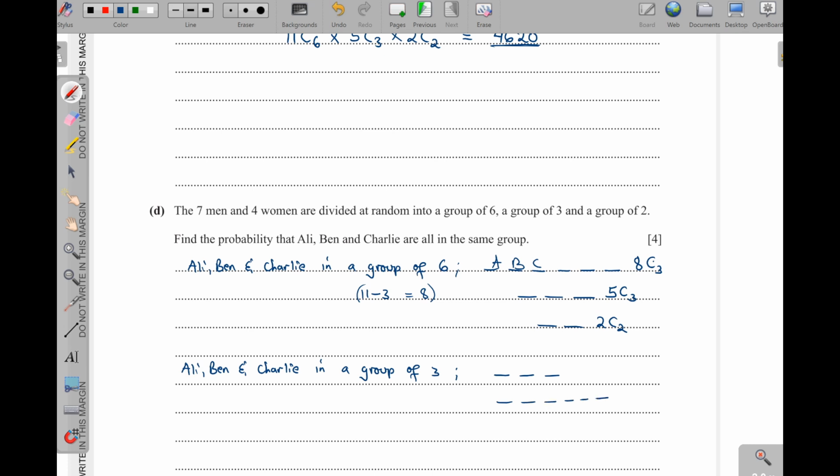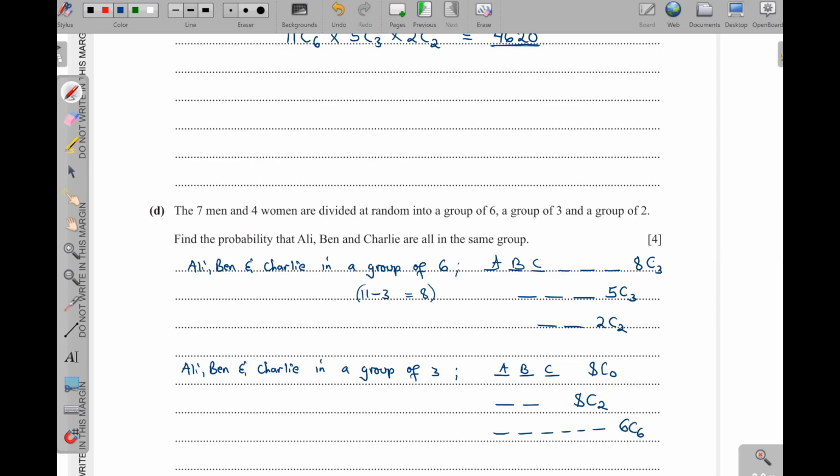And there is also what? 1, 2. Ali, Ben, and Charlie are in a group of 3. That means out of the 8 that are remaining, you don't need any in this group. Now, out of the 8, you take away 2, you put them in here. And then the 6 that are remaining from here, you put them in this group here.